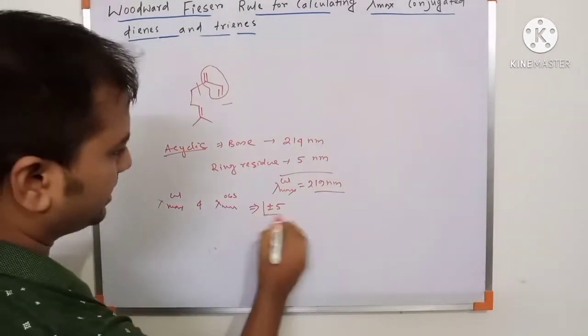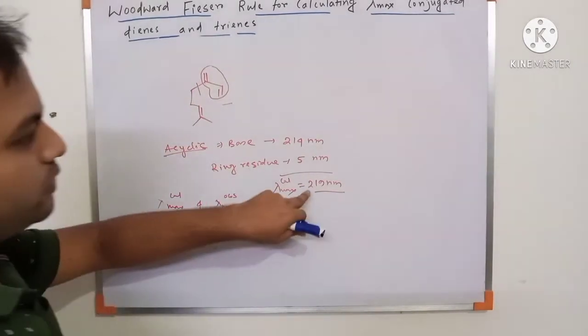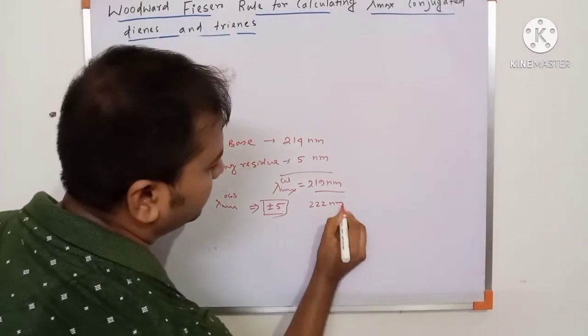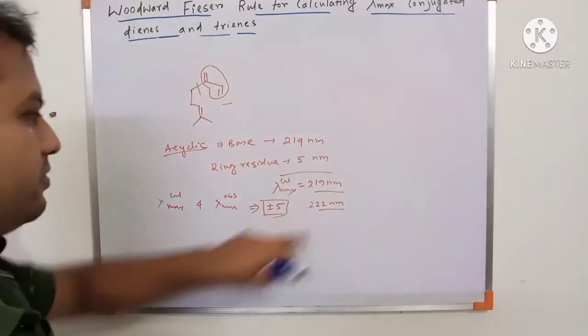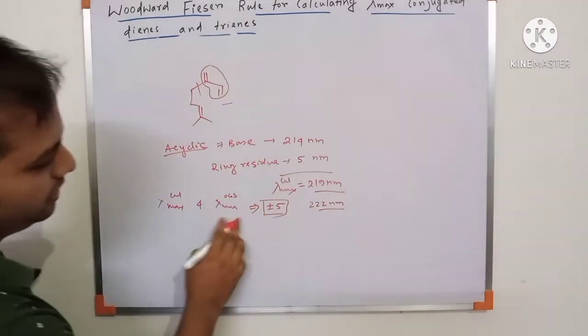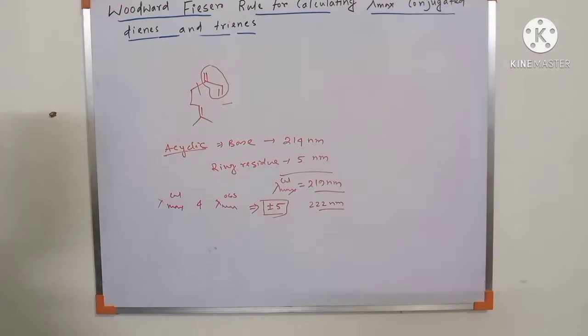In your question answer, if 219 or 222 is near the answer, this is also a right answer, because the calculated value and observed value differ by plus or minus 5.